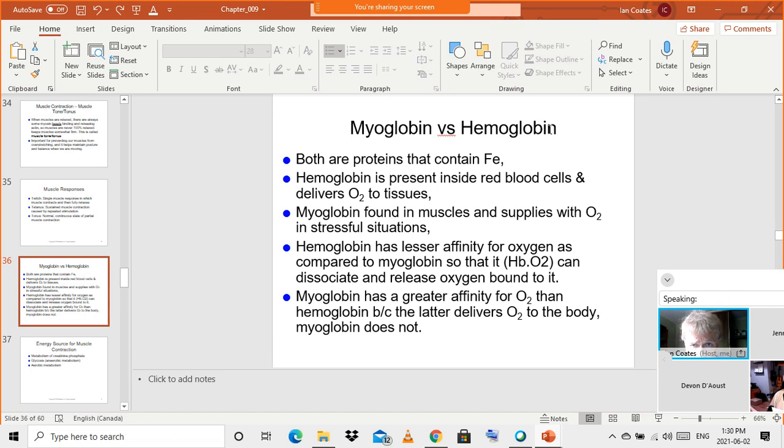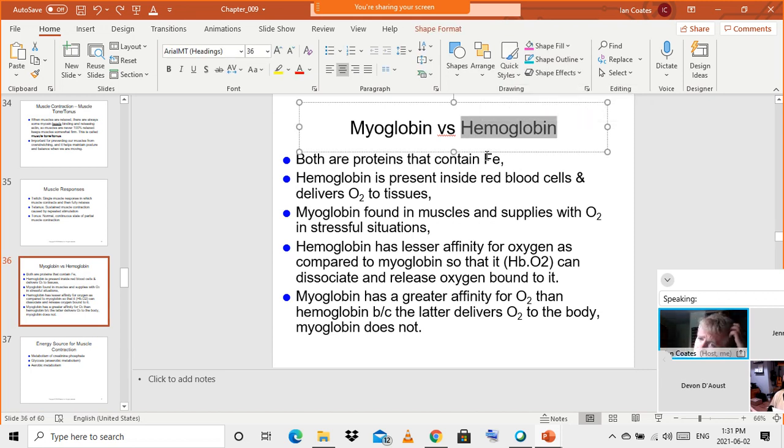This is a good one. Even though we haven't done blood, you guys know what hemoglobin is. This is in the blood, and this is how oxygen binds when we breathe in air. All of our blood comes to our lungs.